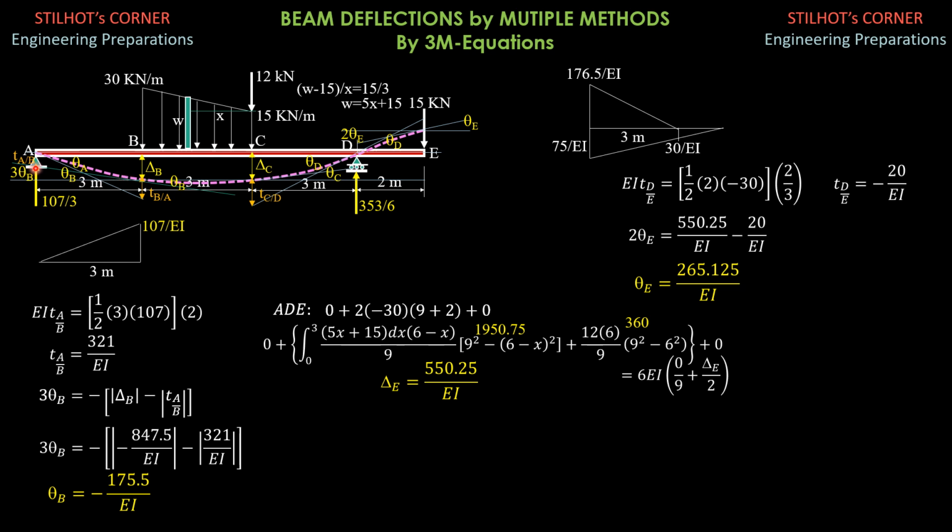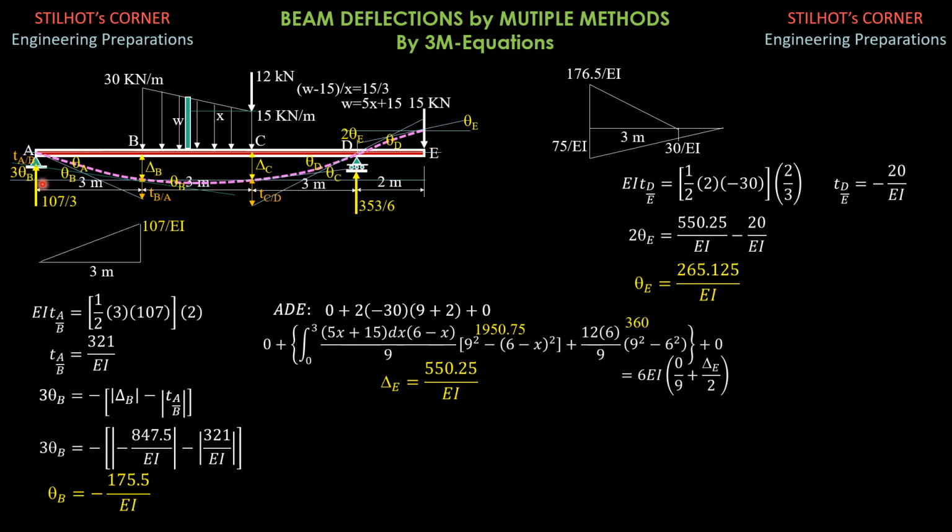So in this right triangle, this angle is theta B. The angle between the horizontal and the tangent at B is theta B. So in this right triangle, the opposite is 3 times theta B. And because theta B is expected to be negative, it lies in the fourth quadrant where the slope is negative, or in the second quadrant, slope is negative.